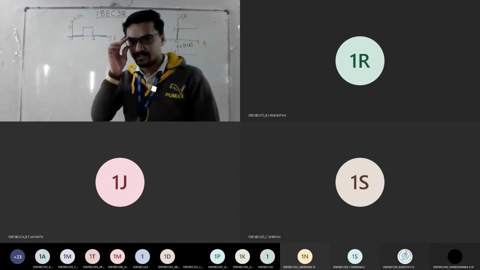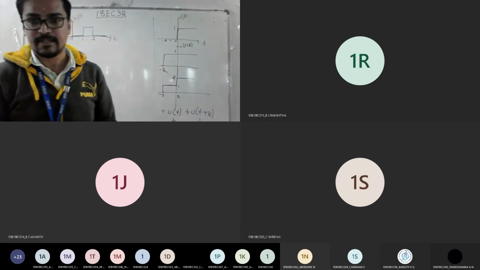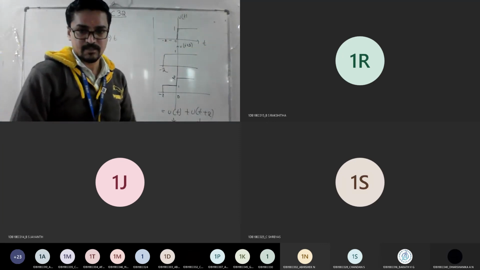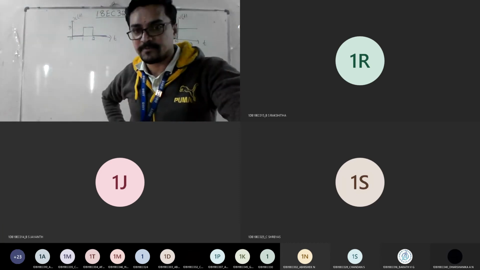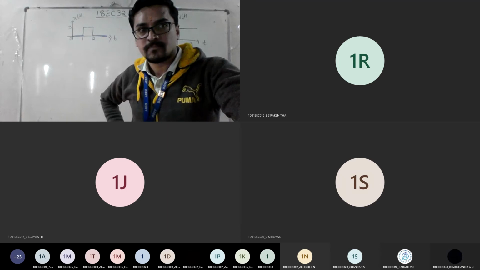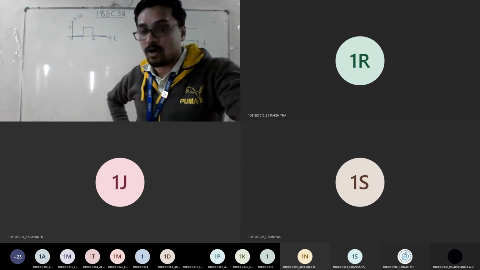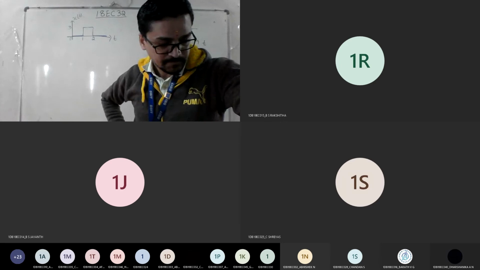First understand the things we have solved previously. Try to get me individually. Look at the equation and tell me how many u of t functions are there. Maybe 3.